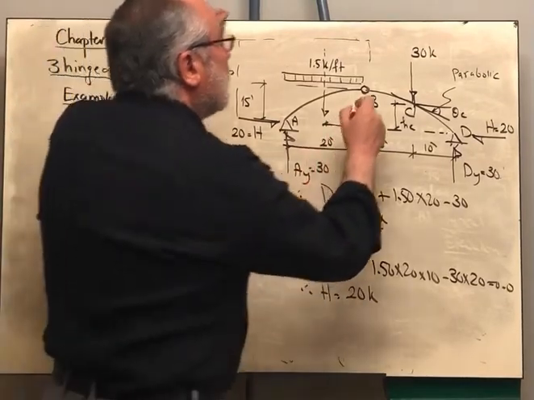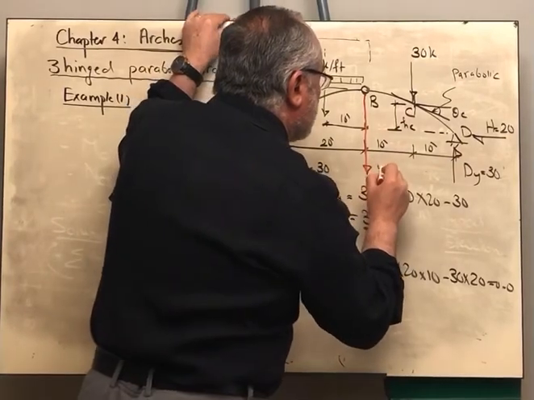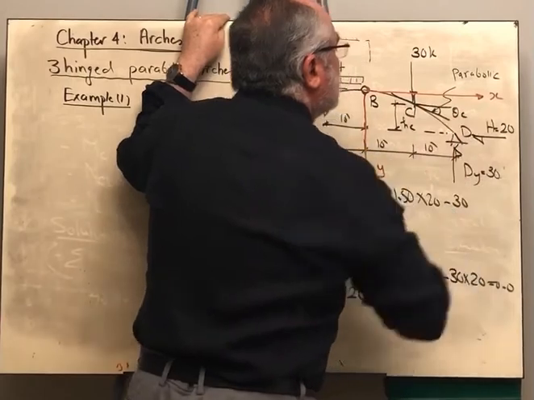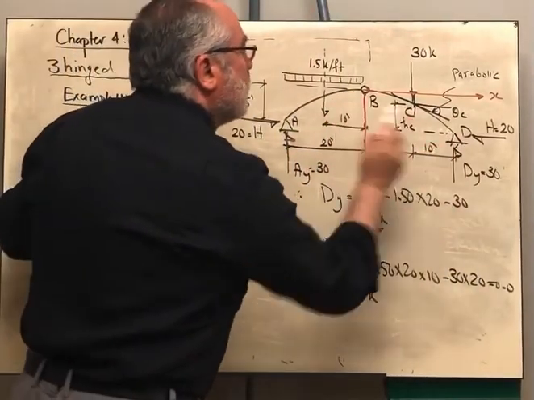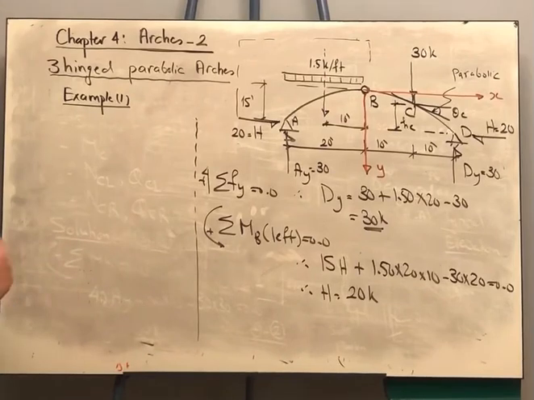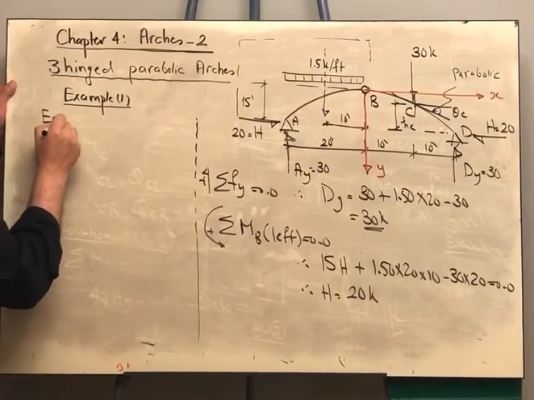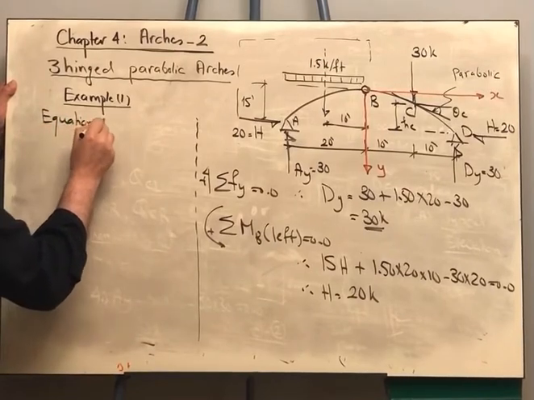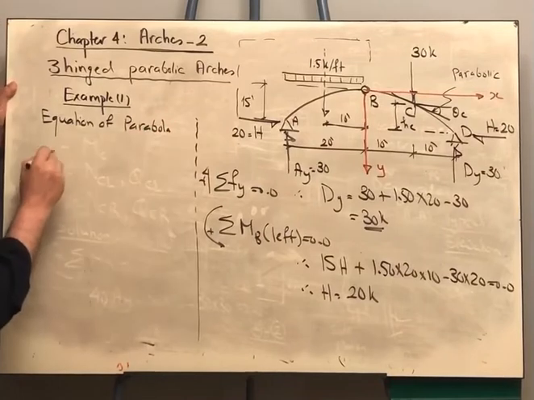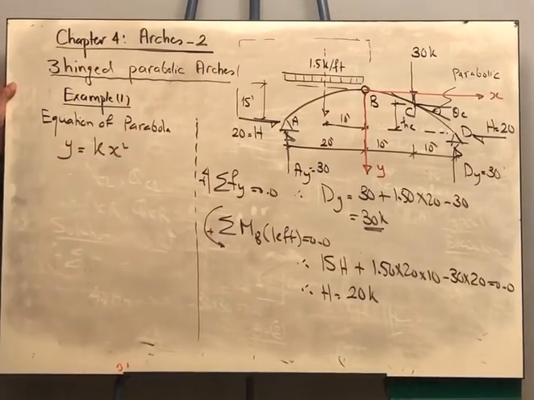Since this is a parabolic arch, I'm going to assume the origin is located here. This is the y-axis, and this is the x-axis. And this is the equation of a parabola. So you can say that the equation of the parabola is y equals some constant times x squared.